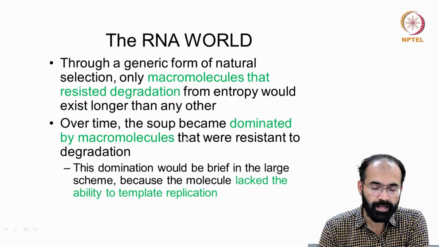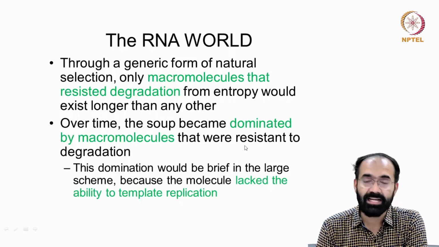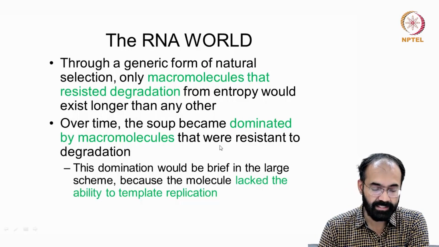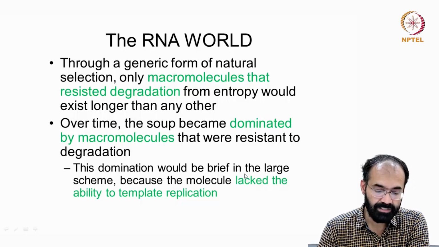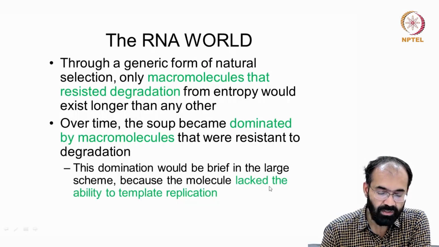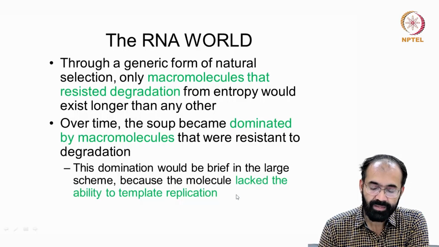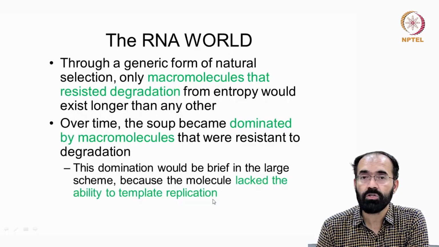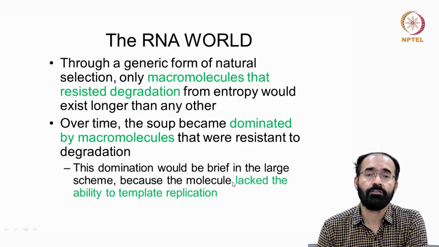Over time, the soup became dominated by those macromolecules that were resistant to degradation. This domination would be brief on a large time scale because these molecules lacked the ability to template replication. Remember, if a molecule cannot do any next step, then it will be stuck there.